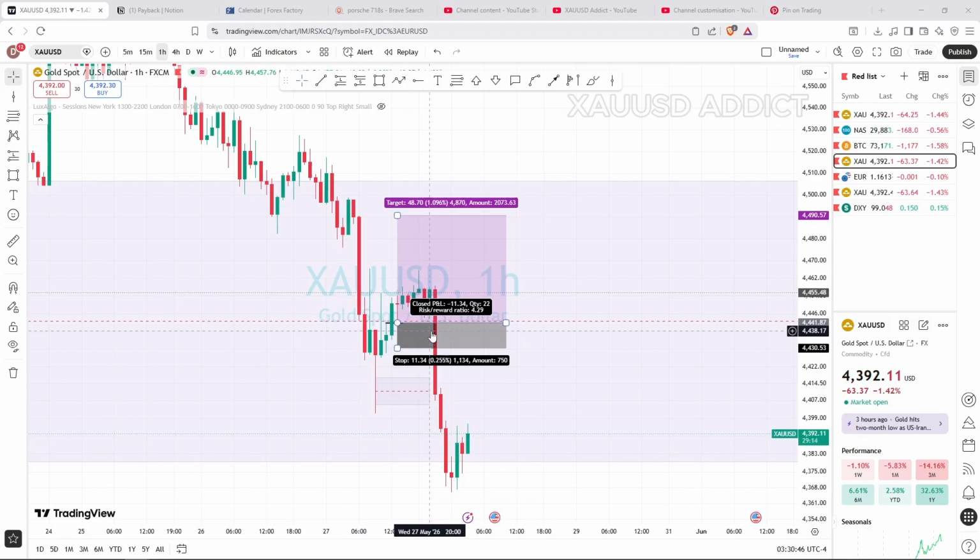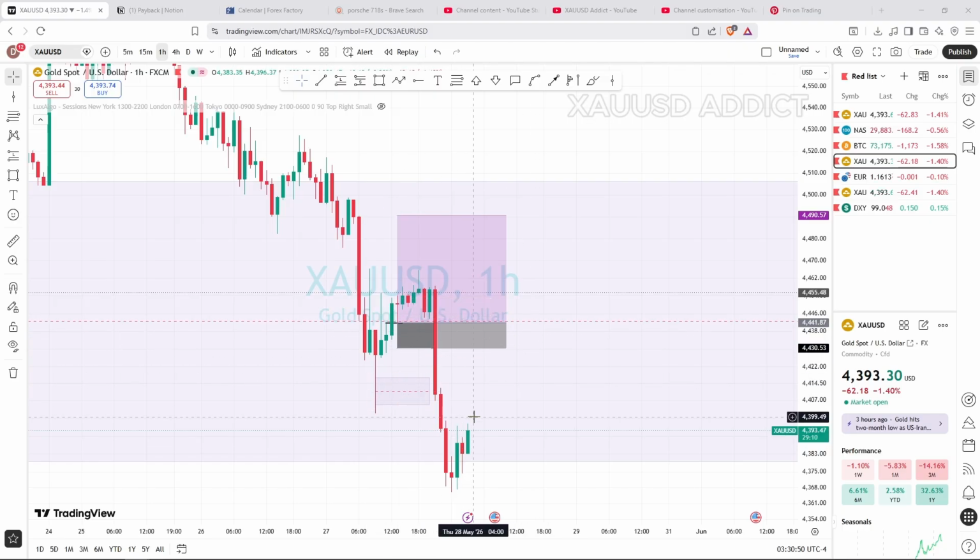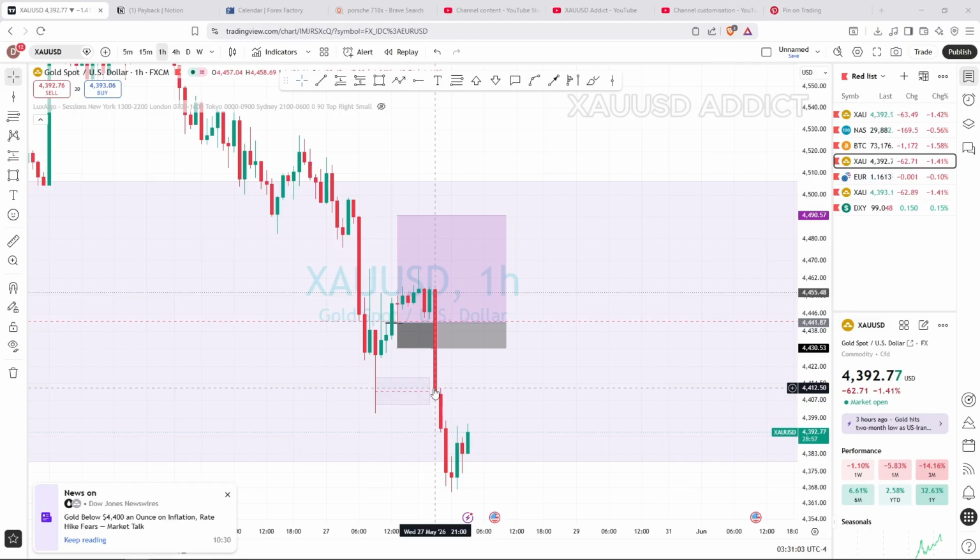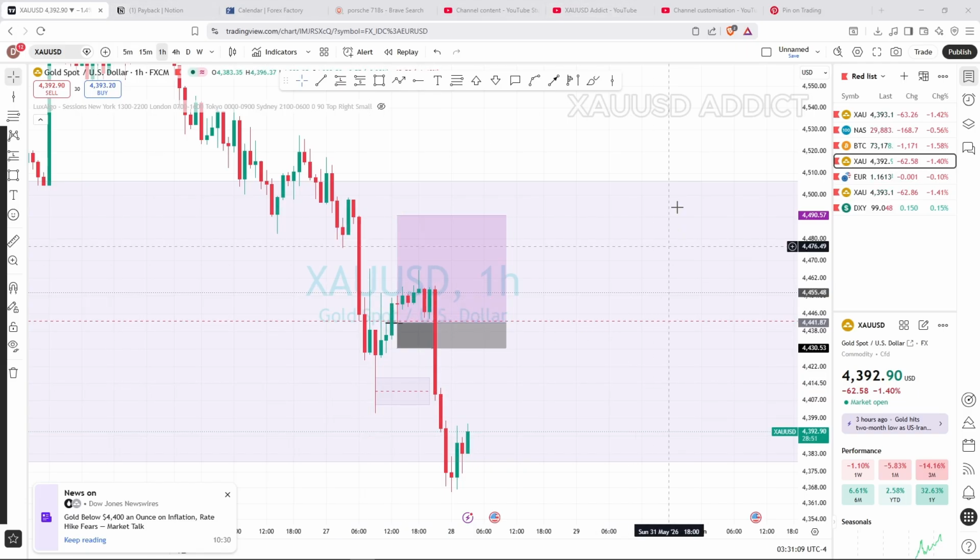I took this trade, let my laptop load, and then at Asian session, I wasn't in a good state of mind, so I just came to analyze the trade that I was in to see if I was still on the right bias. And then after analyzing it, I got out of the trade. So let me show you.